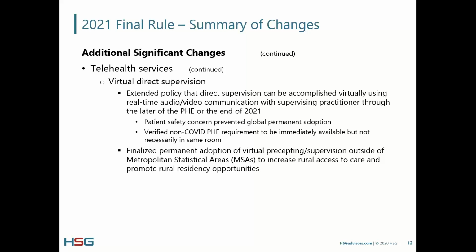There was some desire across the country to have that be a permanent adoption, and CMS declined. However, and this is an interesting however because I'm trying to reconcile it still, if you felt there was a need for direct supervision to be immediately available across the board, and that's why you wouldn't make it permanent, CMS has made a permanent adoption of virtual precepting or supervision outside of a metropolitan statistical area.